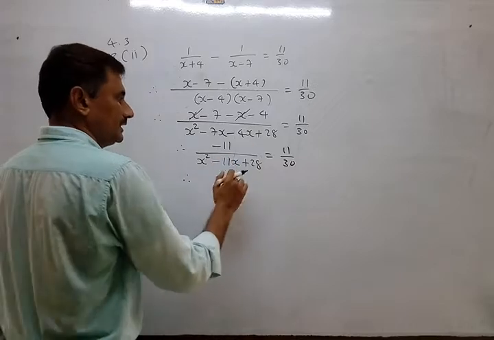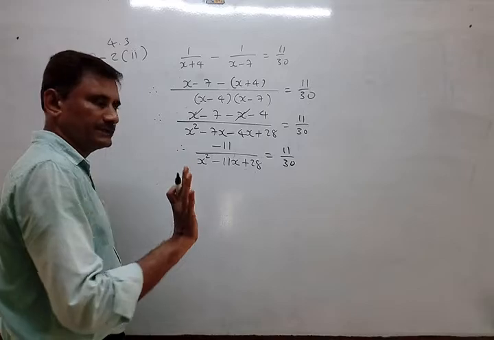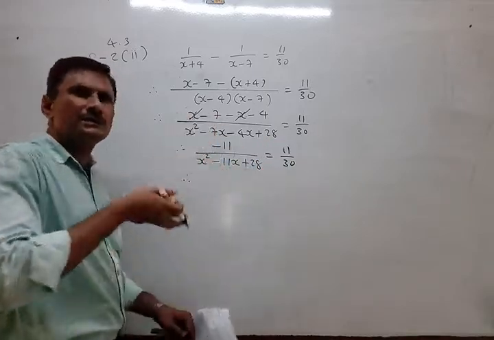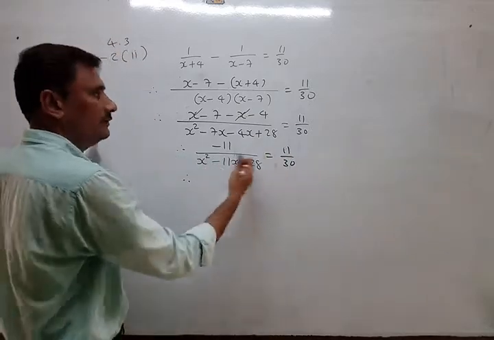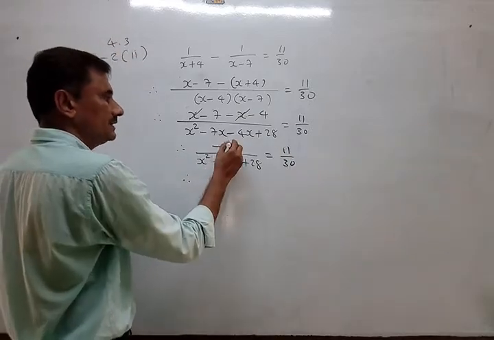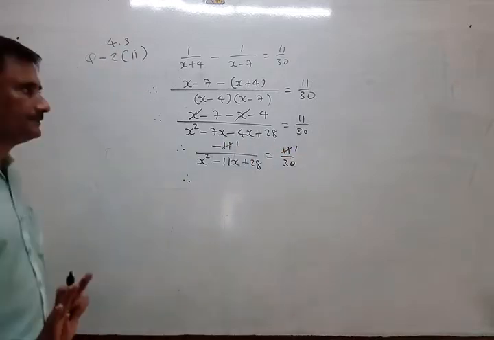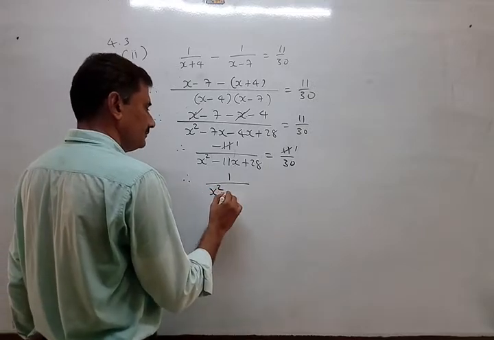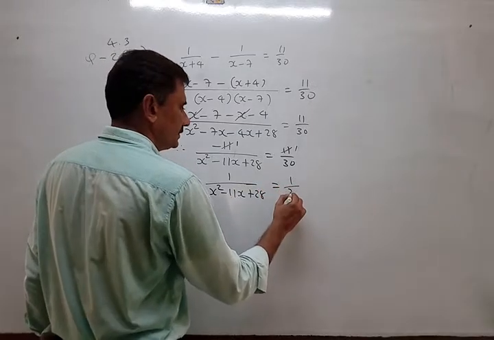Now just cross multiply. Before cross multiplying you can cancel this one. Why? Because if you see the same term here, then obviously they will be cut in numerator and denominator. If they are on opposite sides and there is one term only, this way they can be cancelled. So one is left only. Understand? So again I write whatever is left: x square minus 11x plus 28 is equal to 1 upon 30.